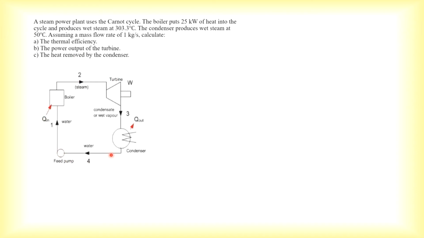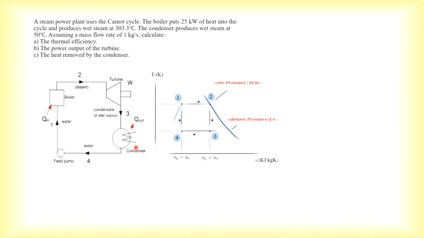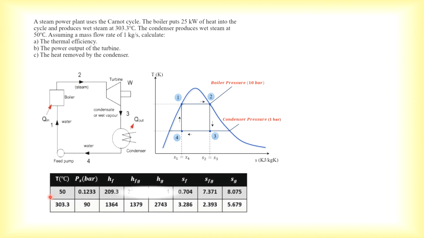So this is the schematic diagram and the TS diagram. And this is a table which I have filled out for you, so you can refer to your property tables. Based on 50 degrees C, the pressure that we have will be 0.1233.